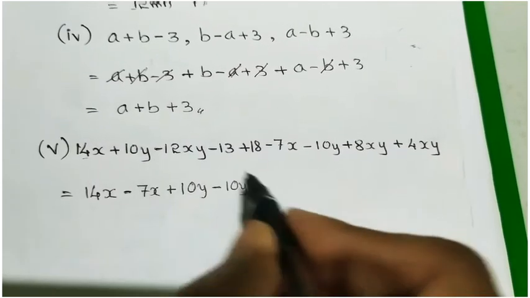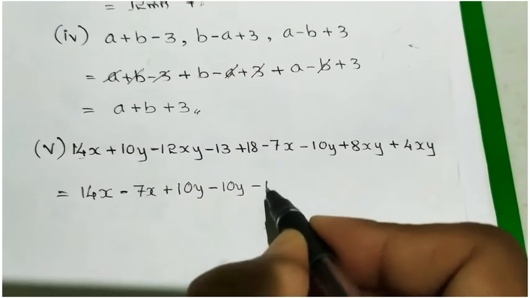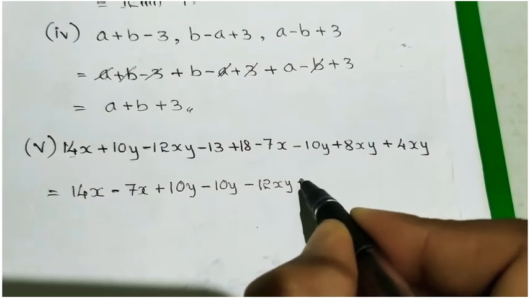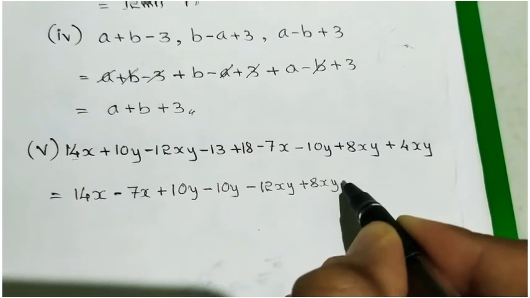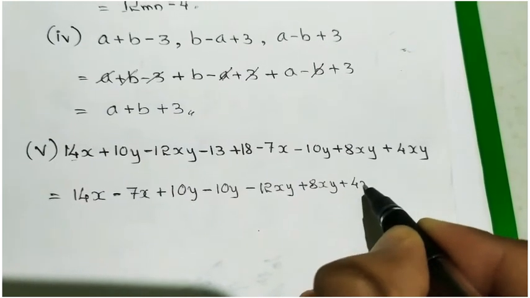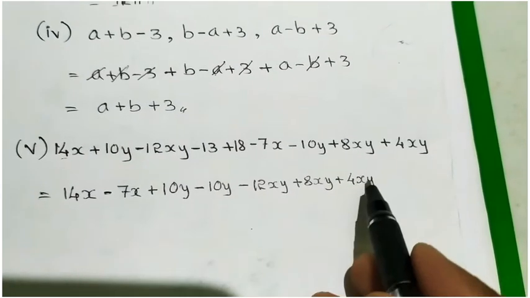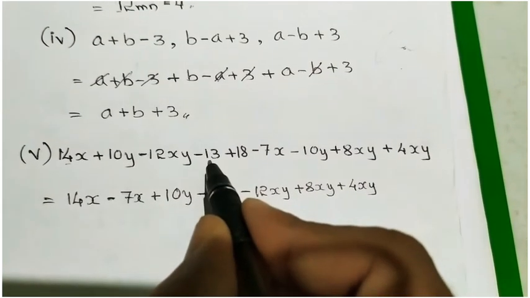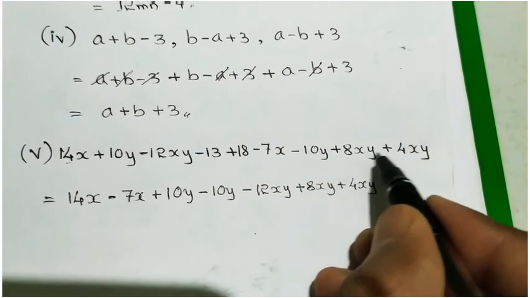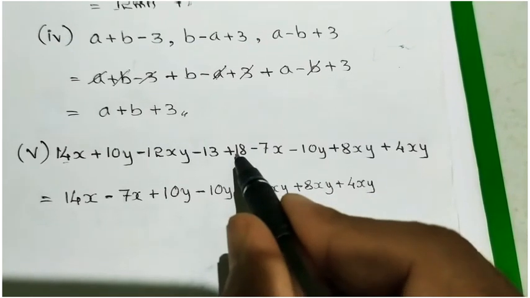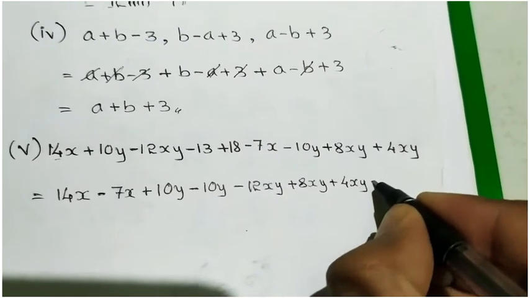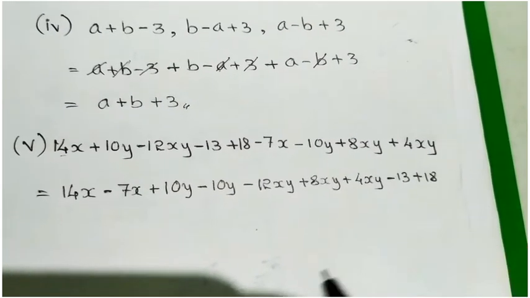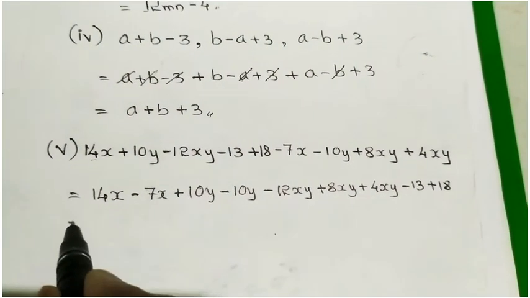No. Next minus 12xy and plus 8xy plus 4xy. The xy terms are over. Now constant terms: minus 13 and any more terms, plus 18. Minus 13 plus 18.